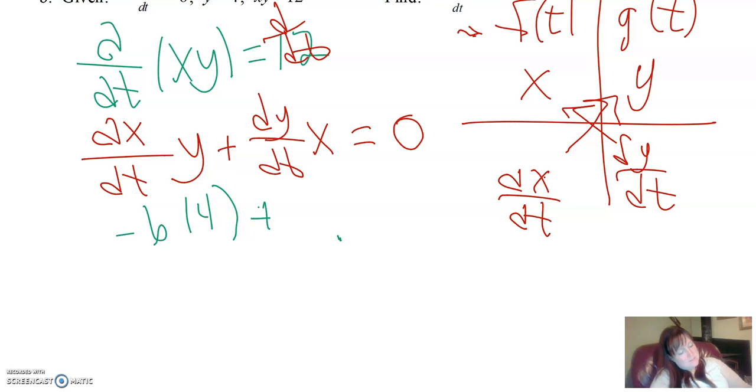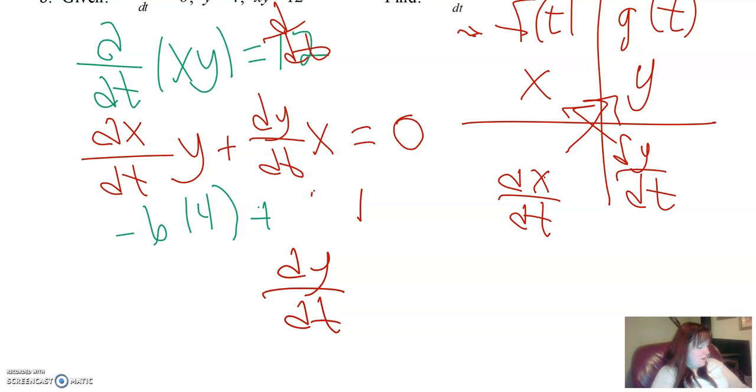Okay, so dy/dt. Oh man, this is going to be terrible. I am sorry, guys. We don't know dy/dt. Let me see if I can find a spot where I can write it. dy/dt. Okay, and then x, we also don't know.